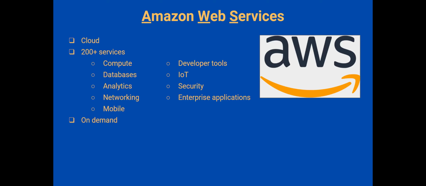Now, some of the things that drive the consumer side of this is these are on demand. I don't have to go out and order equipment and wait until it arrives. I just go to Amazon and it's there. This is what makes it the compelling consumer model. You pay as you go. How much do I need? Whatever I need, that's all I have to pay for. So you can see how powerful that is from the consumer side.